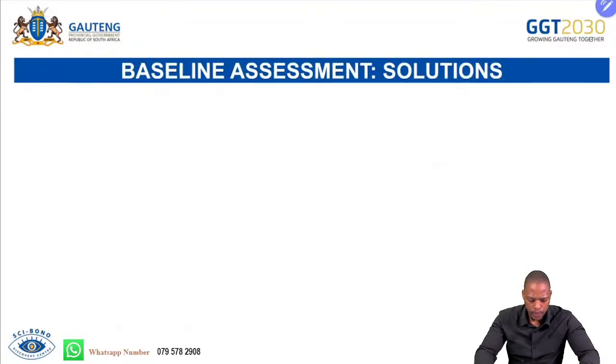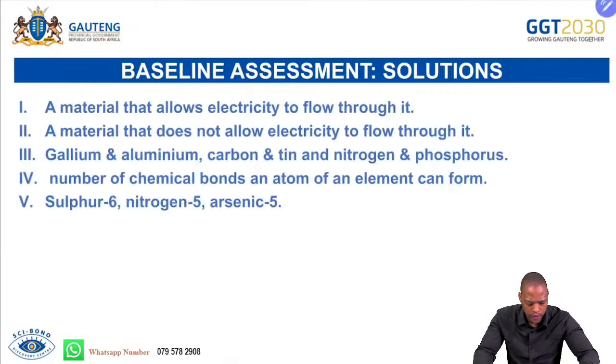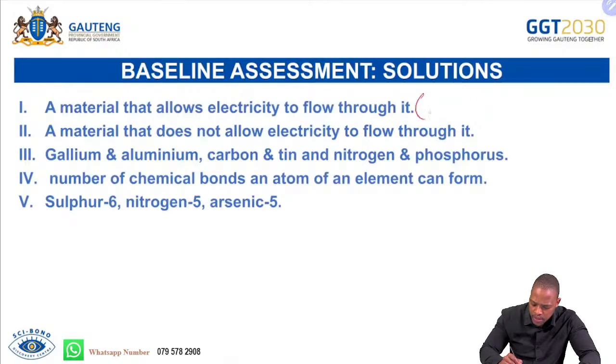Just to save time, here are the solutions. A conductor is a material that allows electricity to flow through it. Most of the time, in our periodic table, these are metals.